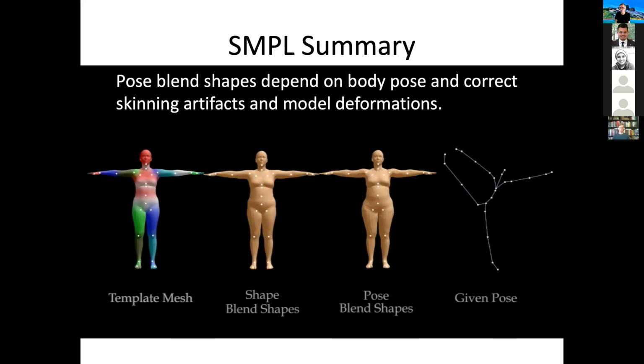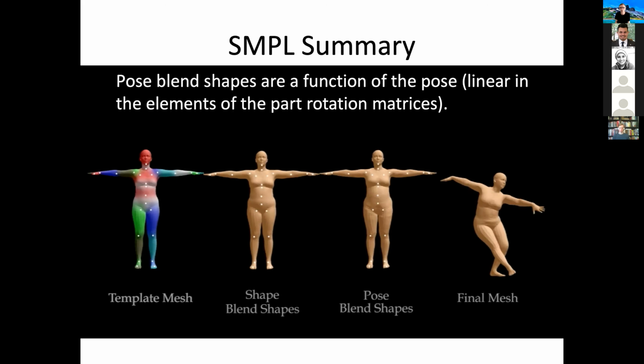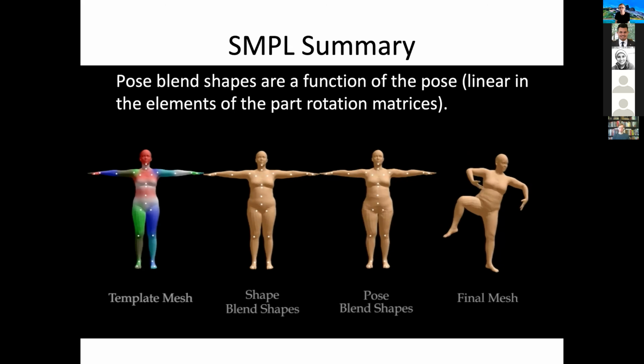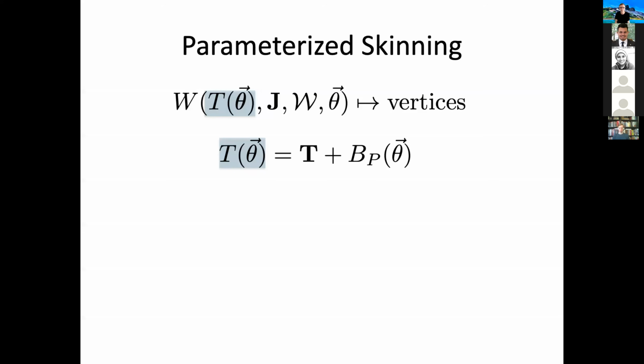Then given a pose, like the one on the far right, we're going to learn pose correctives. So you see pose blend shapes. If you look carefully, you'll see this later also: the body shape is changing as the model is being reposed. And we're going to learn that function as a function of the pose of the body.